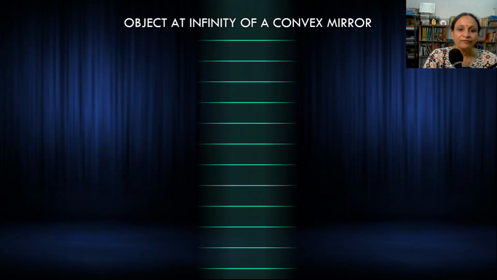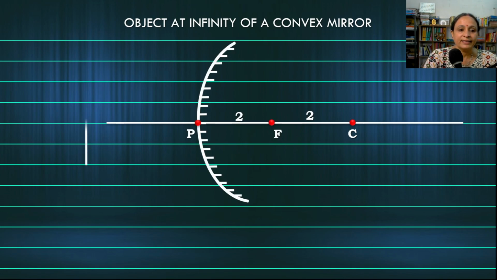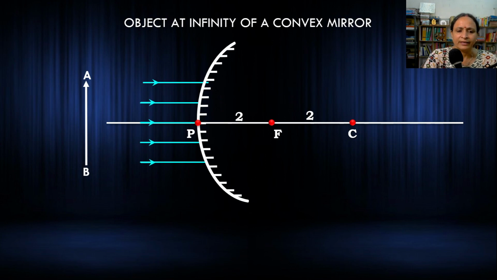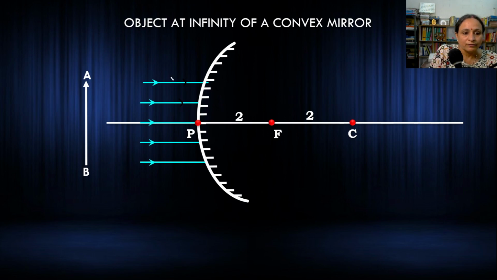So let us do it. If the object in front of a convex mirror is at, say, infinity, बहुत दूर है. So how will the rays appear? The rays here will appear as if they are coming out from infinity, meaning parallel to each other, right? Now they are all getting reflected.